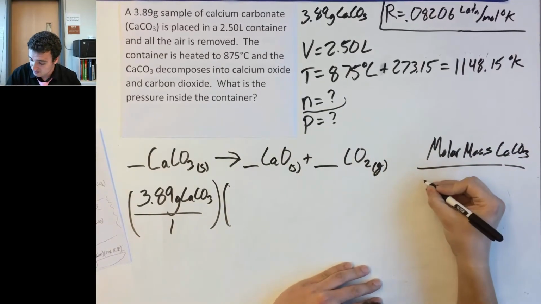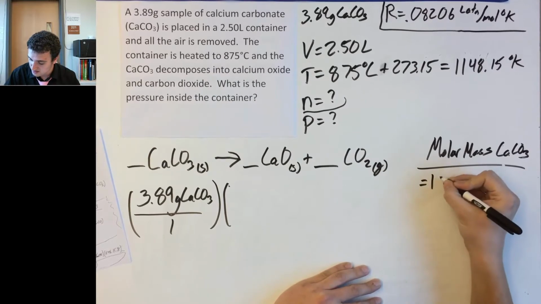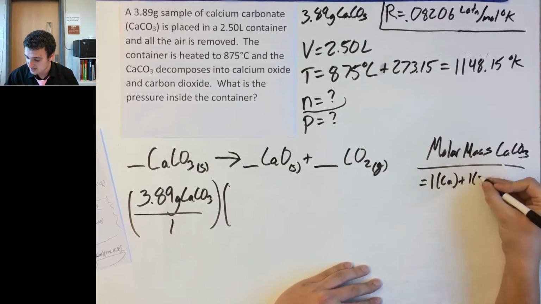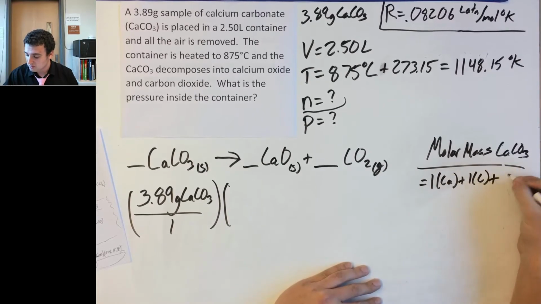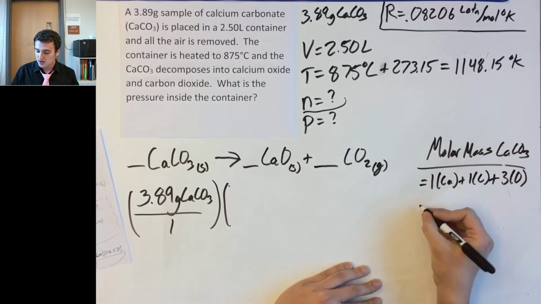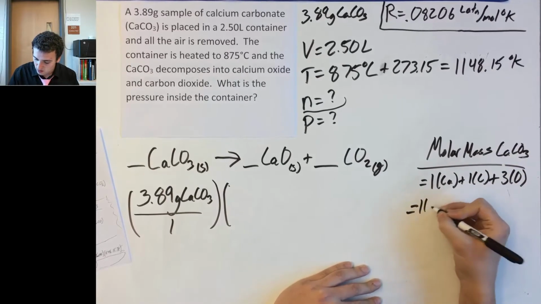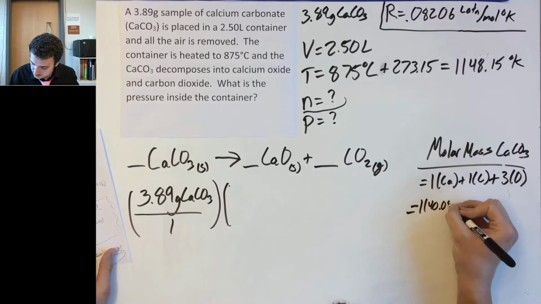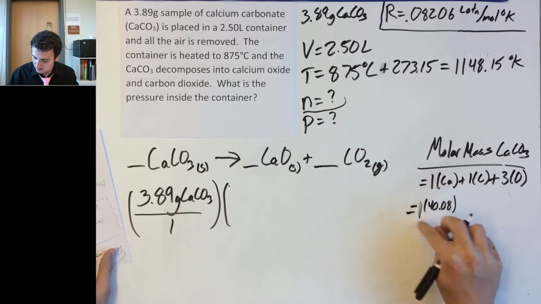So this is equal to 1 times the molar mass of calcium plus 1 times the molar mass of carbon plus 3 times the molar mass of oxygen, because there's a 3, of course. I go ahead and plug that in, and I find in my periodic table that it is 40.08. Let's get rid of the 1.